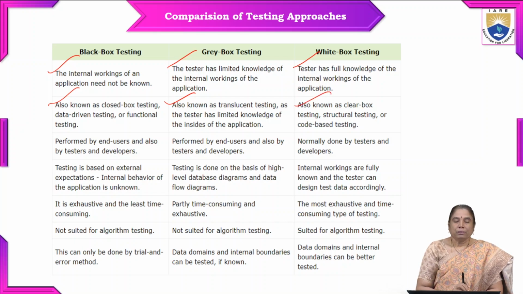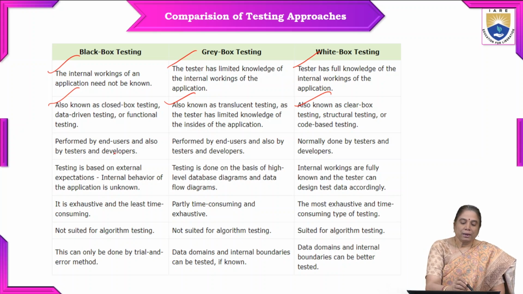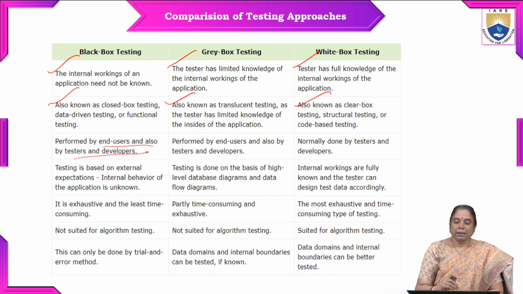Black box testing is generally performed by the end user or by the tester and the developer. And gray box testing is generally performed by the end user and also by the tester and developer. And white box testing is normally done by the tester and developer.